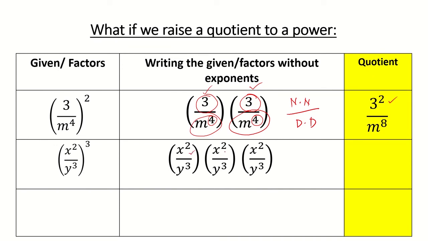Then numerator times numerator times numerator, denominator times denominator times denominator. So yung result, x to the power of 6 because parehas naman sila ng bases. So 2 plus 2 plus 2. And then dito, y cube times y cube times y cube is 3 plus 3 plus 3. So 9, 6.